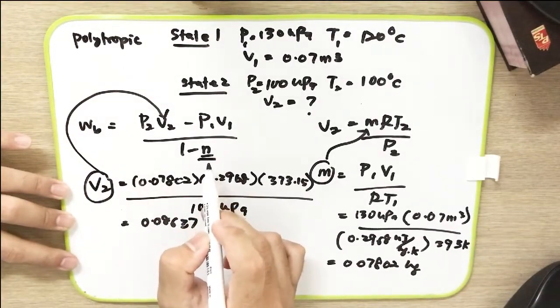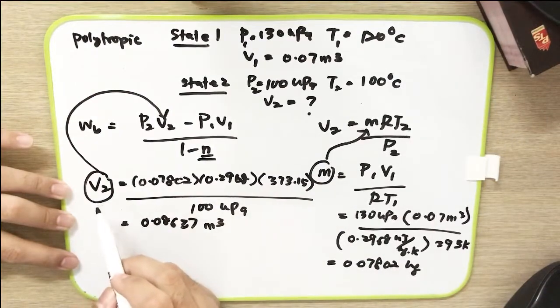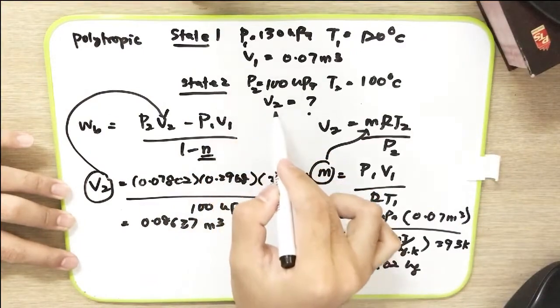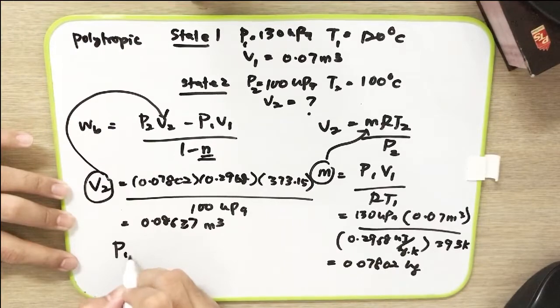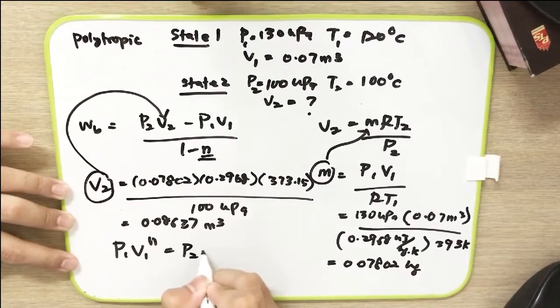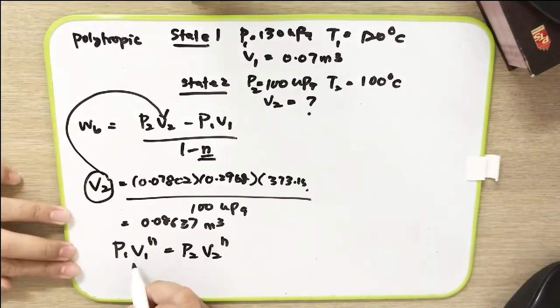So how to find the n? Because we already found the V2 and we have all the info for P1, V1, P2 and also V2, we can use this equation, which is P1V1 to the power of n is equal to P2V2 to the power of n. Now we need to find this n. So we substitute all the values inside this.